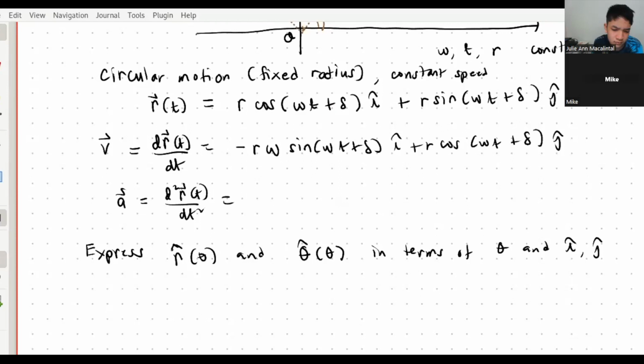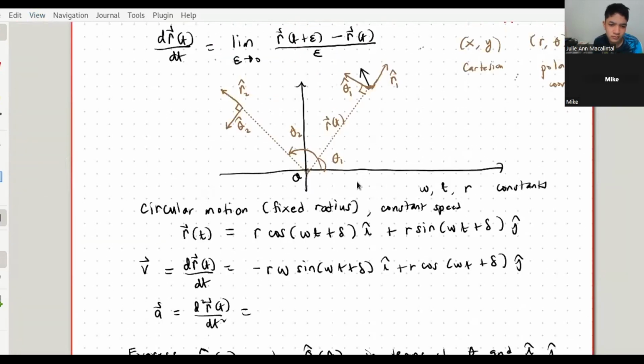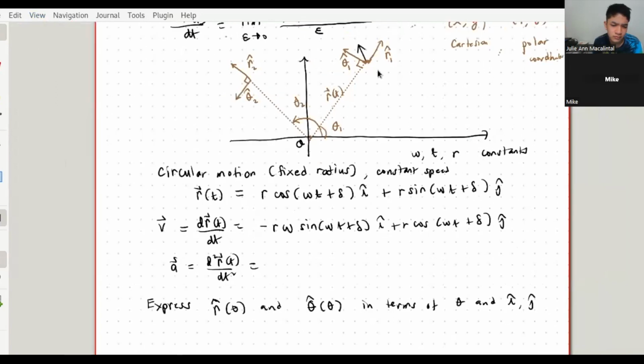So, zoom out ko lang to ng konti. So, ito yung r hat at theta hat, di ba? So, it depends on the value of theta. So, what I'd like you to do is express.